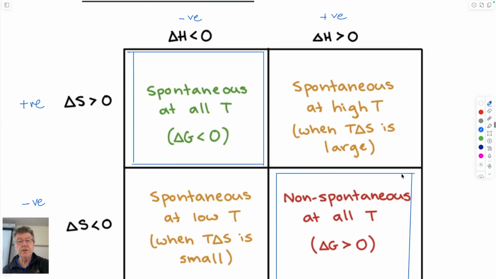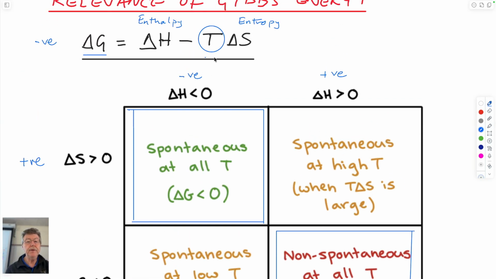And the off-diagonal terms are when the combination between these two are not favorable to this always being negative, but depending on the magnitudes of entropy and enthalpy change, as they balance sufficiently through the magnitude of temperature in the system, they ultimately will give you a negative value.